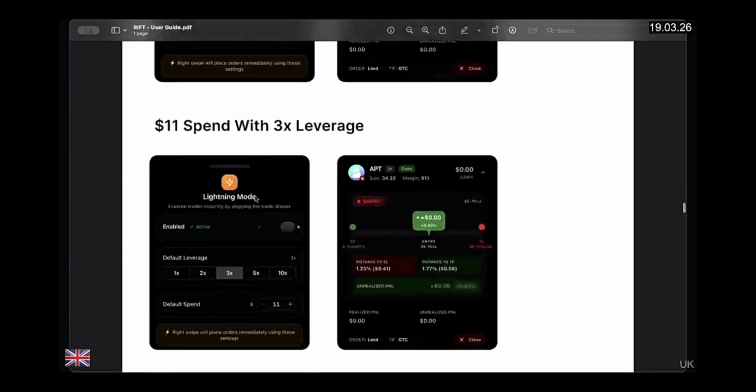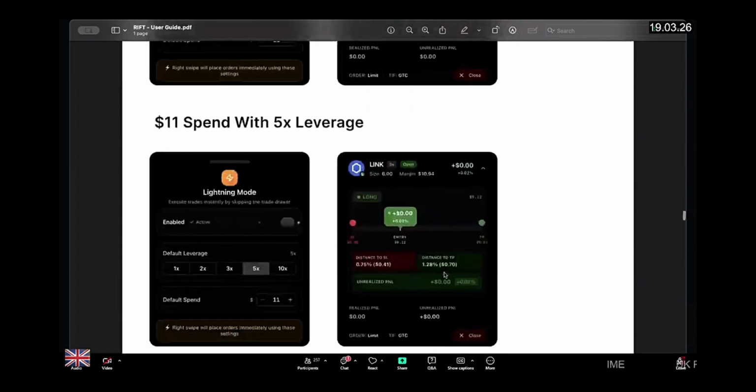With same $11 spent with 3x leverage, the stop loss distance becomes 40 cents, and the take profit point becomes 58 cents. So this is how your customization, your preferences, affects the opportunity cards that are presented.